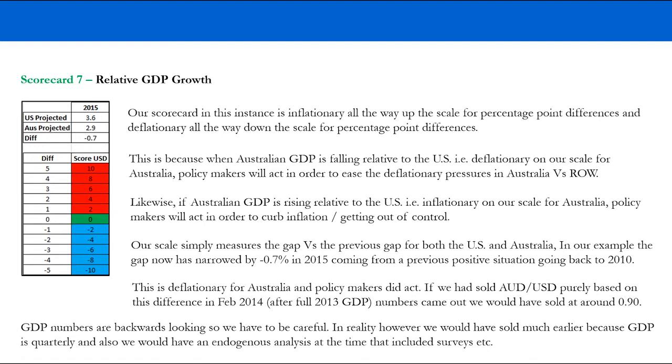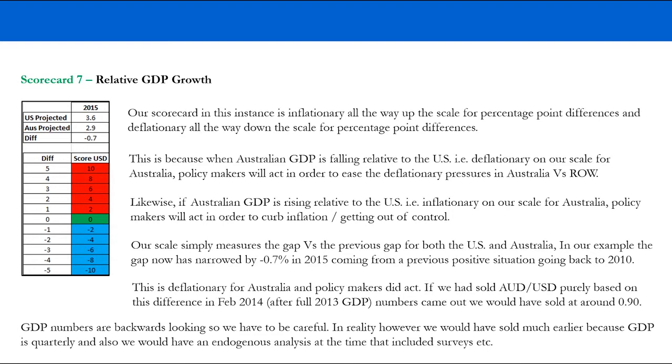GDP numbers are backwards looking, so we have to be a bit careful. In reality, we would have been doing exactly what we're doing right now, which is forecasting GDP till the end of the year. So in reality, at the time, we would have been in the same situation as we are now and forecasting that this was going to narrow. So the positive numbers were going to get smaller. So we would have actually been selling much earlier, and that's the way we've got to think.